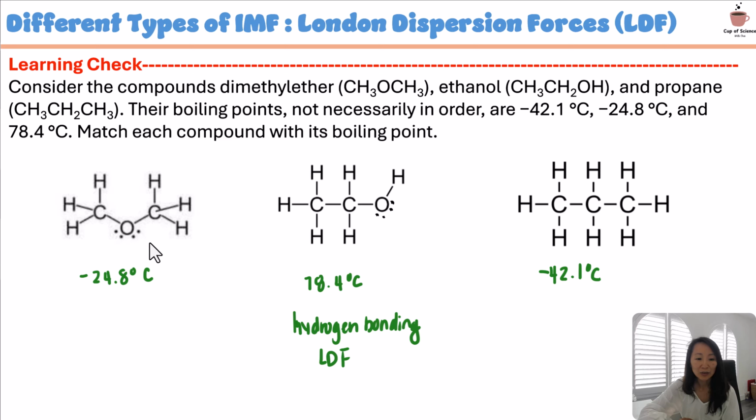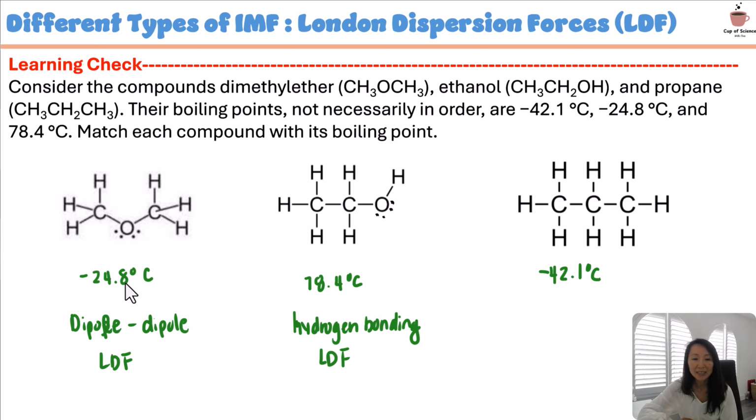Next, let's look at this one. This is a polar molecule, but it is not considered to have hydrogen bonding because that hydrogen is not directly attached to the oxygen. So this one is a polar molecule, but experiences dipole-dipole and London dispersion forces.